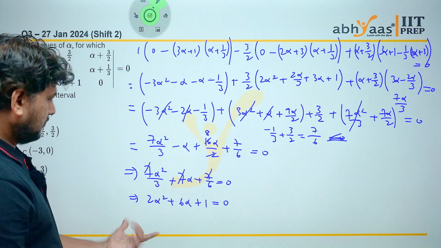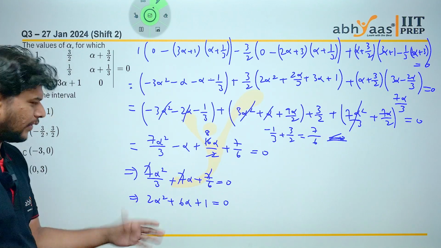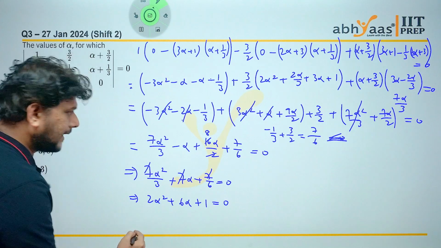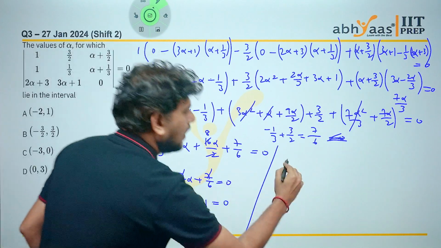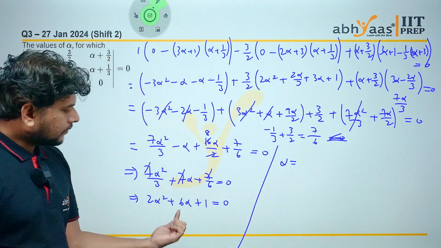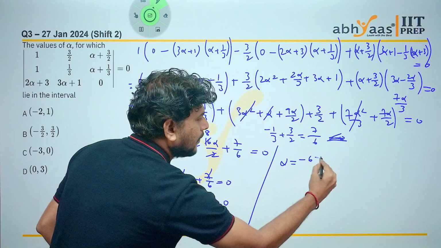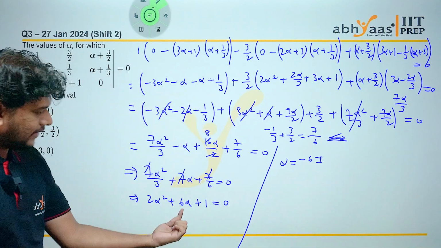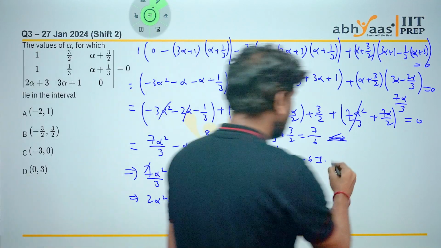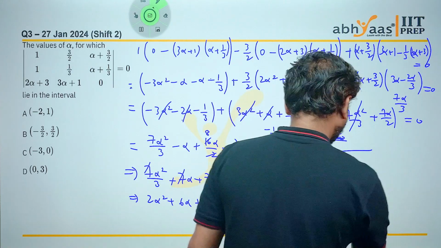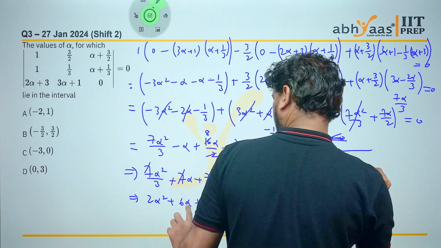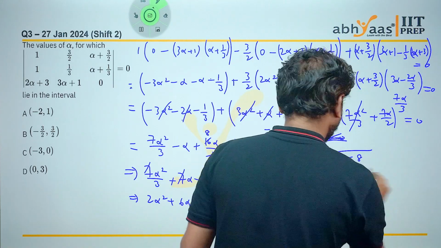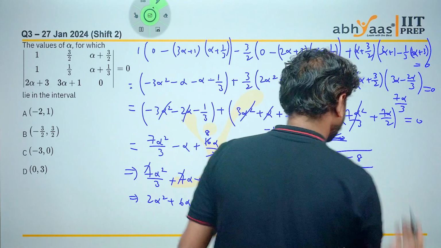So this thing doesn't have factors, so we will use the D formula, that is alpha equals minus b plus or minus root b square minus 4ac, by 2a. So b square is 36 minus 4 into 2 into 1, which is 8, and 2a is 4.